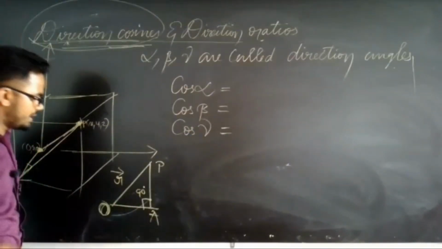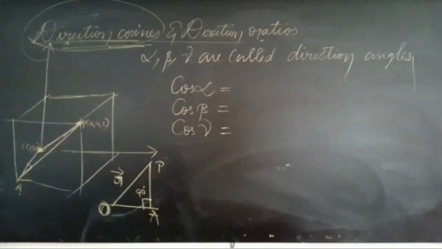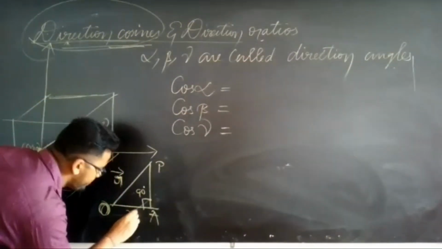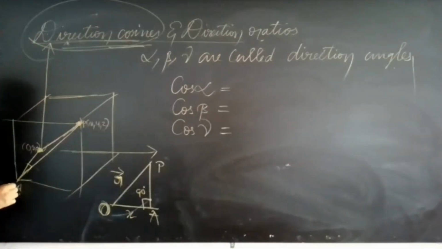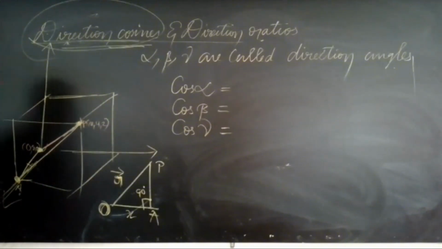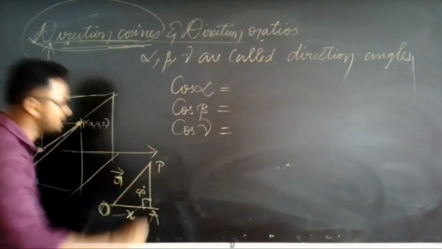Now, this is R. What is the distance of OA? X is the right answer. See, this is X. Because if I extend this line, if this is the x axis, till here we don't know exactly. Therefore, we consider that as X. Now what happens?